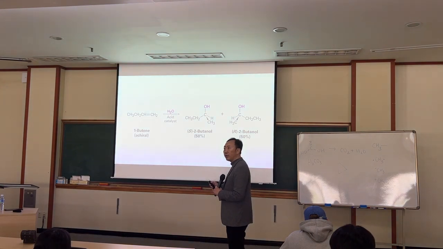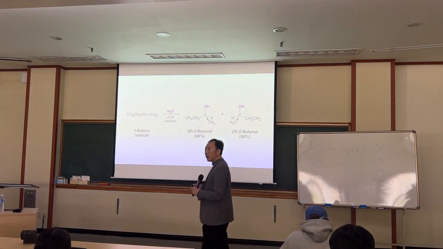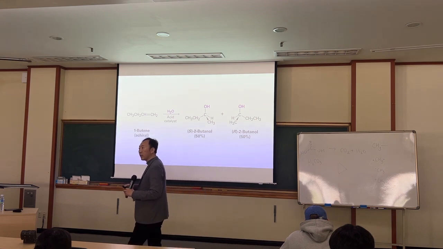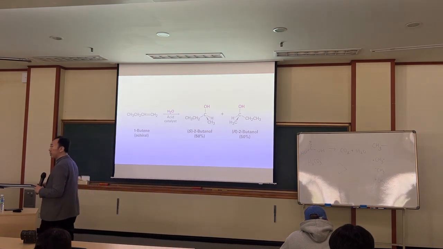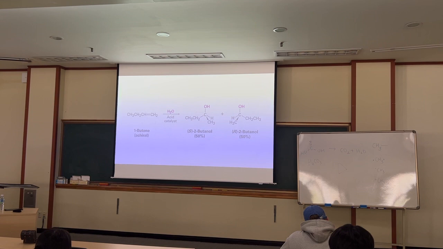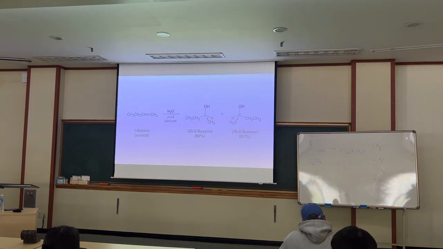And that carbocation has an sp2 structure, a planar structure. Then that position can react with the water, and water can come either from the top or from the bottom. Depending on the attack side, it can form two different stereoisomers.